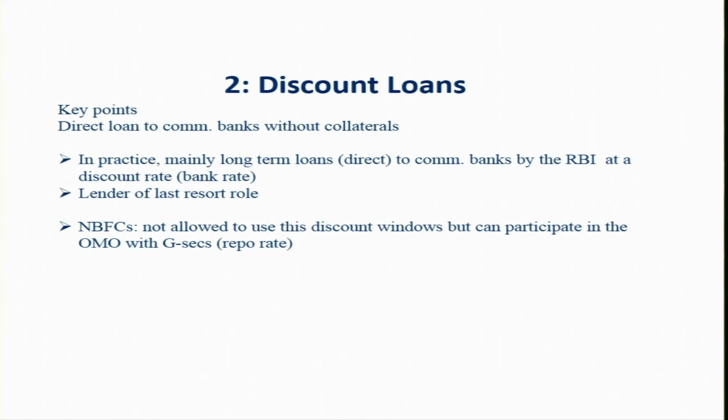In practice it is mainly considered a long term loan to commercial banks by the RBI at a discount rate, done mainly in the lender of last resort role. Non-banking financial institutions are not allowed to use the discount window, but can participate in open market operations with government securities.